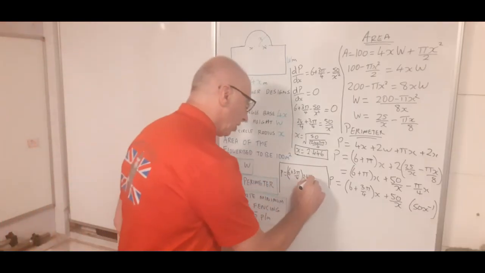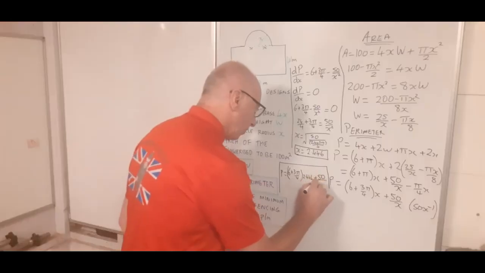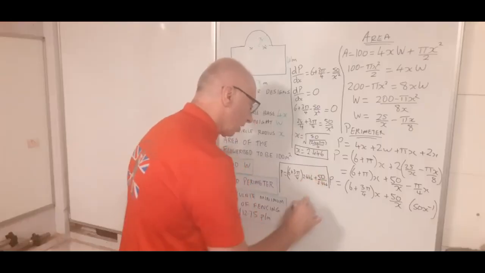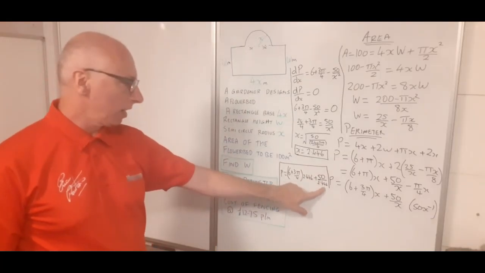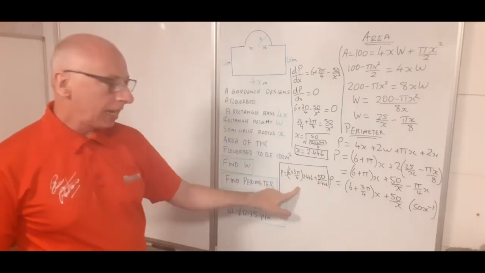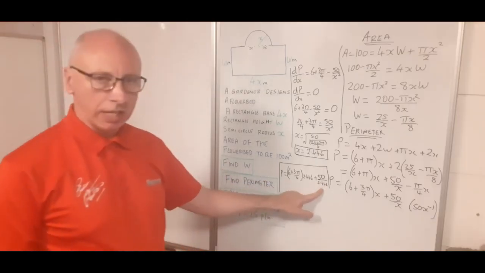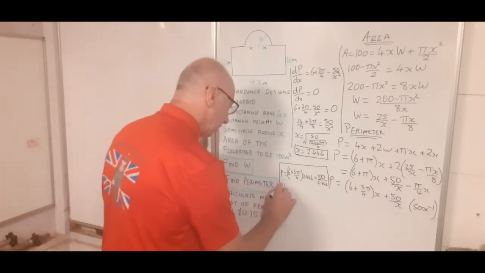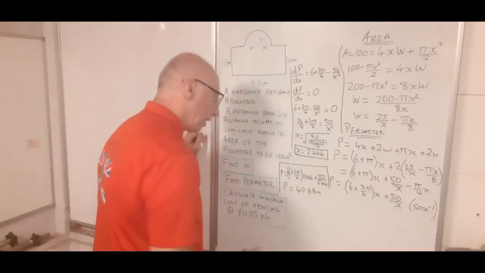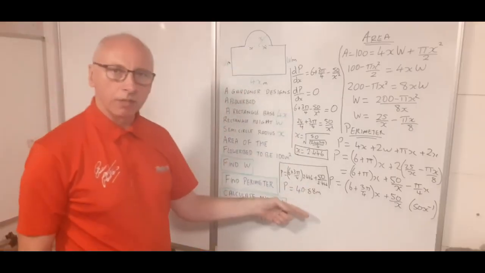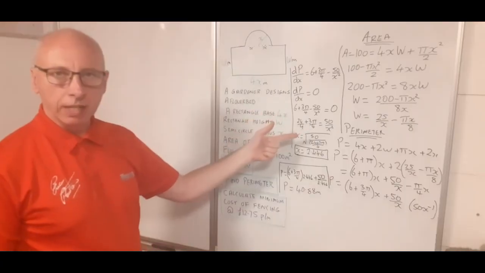And then I want plus 50 over 2.446. So use your answer button to get those numbers to be completely accurate. If I put that all in my calculator, I should get around 40.88. So the perimeter is 40.88. Now that, because it's a derivative, should give me the minimum value.